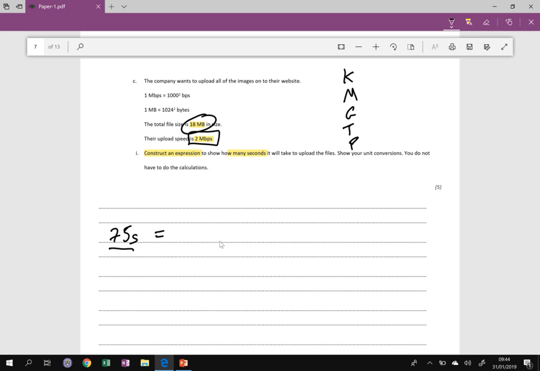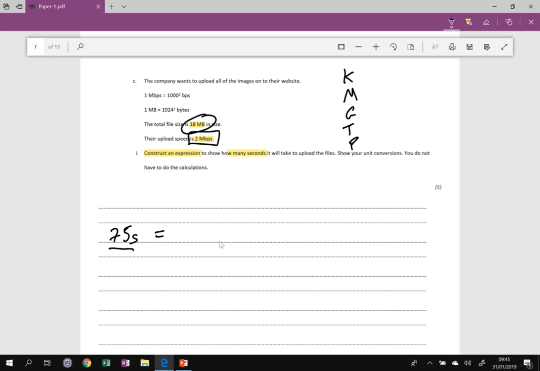So if we're talking about bits per second, kilobits per second means 1000 bits per second. 1 megabit per second means 1000 kilobits per second. 1 gigabit per second means 1000 megabits per second, and you get the idea. So if you've got a measurement in terabits per second, then you have to do 1000 to get to kilo, 1000 to get to mega, 1000 to get to giga, and 1000 to get to tera. Okay, let's work through what that looks like.